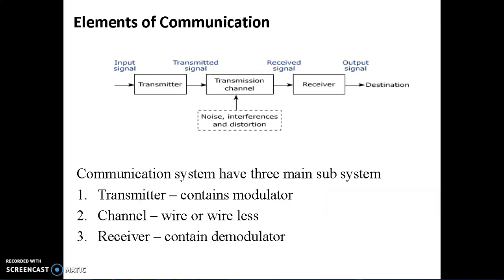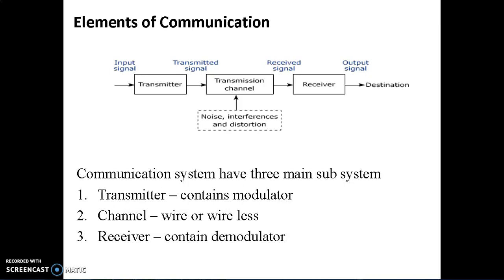Electronic elements of communication. It mainly consists of three subsections like transmitter, channel, and the receiver. So the information signal is given to the transmitter. The main function of the transmitter is to modify the information signal so that it is ready to transmit over a channel.